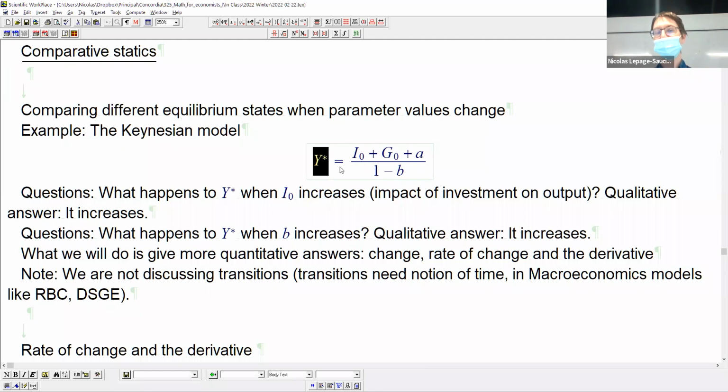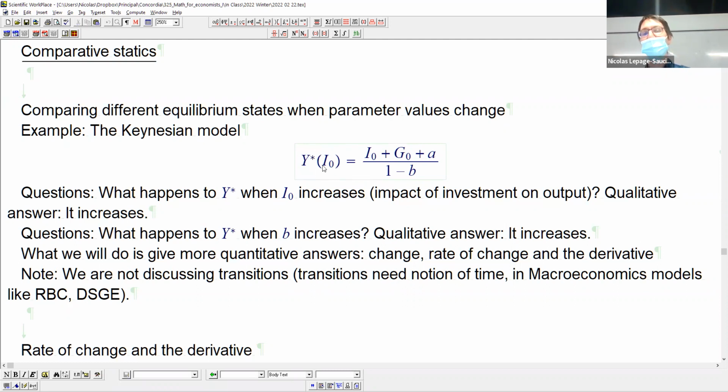You would have a function y star of I0, since this describes the behavior of y star, and I could evaluate y star for different values of I0.